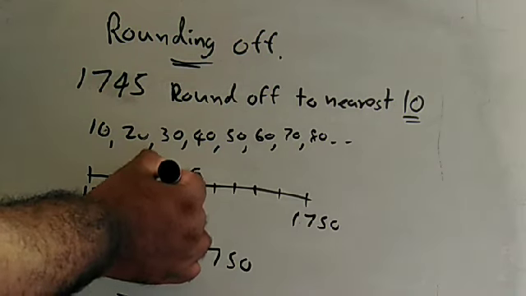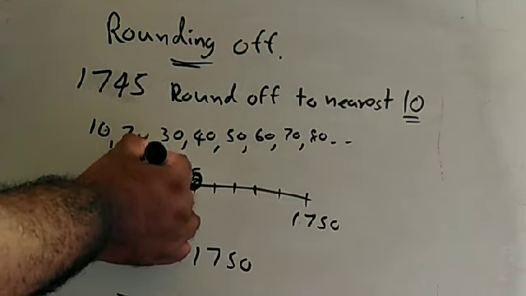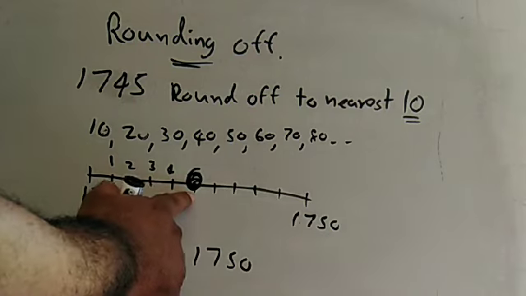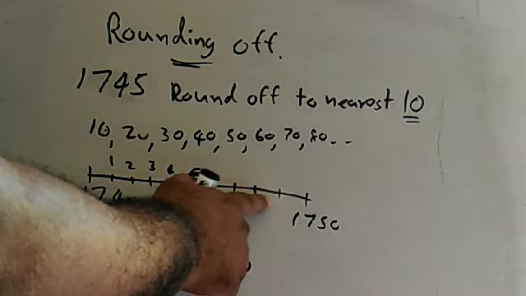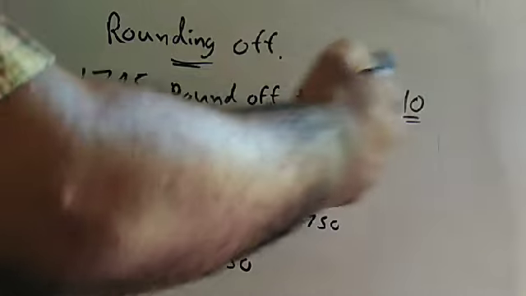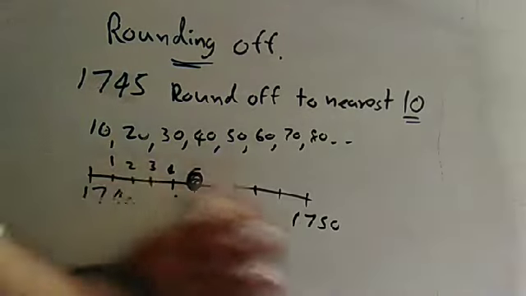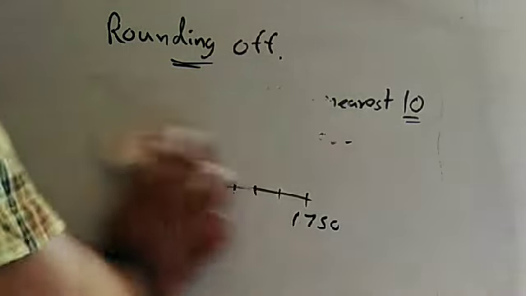When 4, 3, 2, 1 are there, it is close to the left hand side number. But when 5, 6, 7, 8, 9 are there, it is close to the right hand side number. Understand?